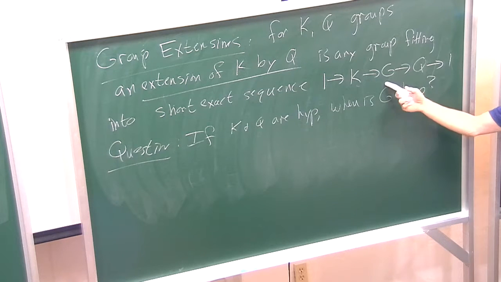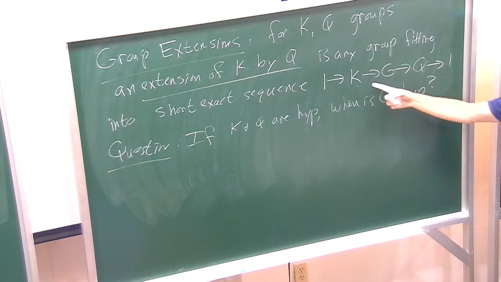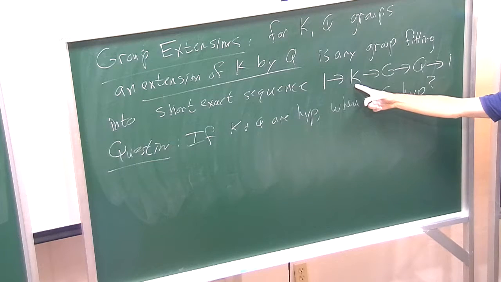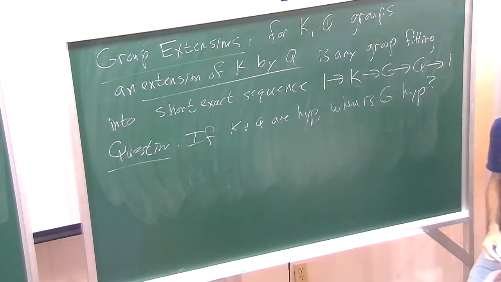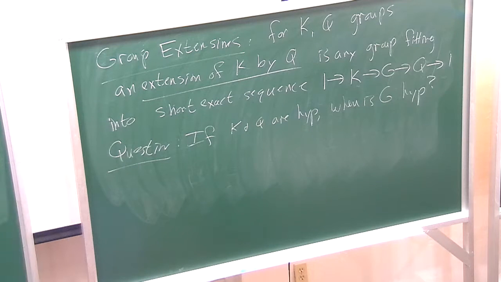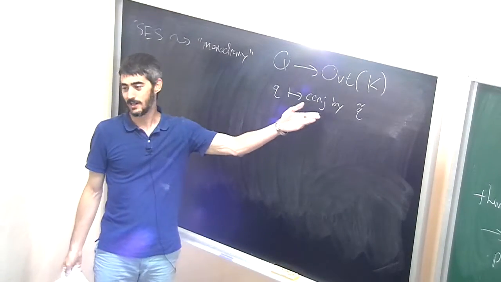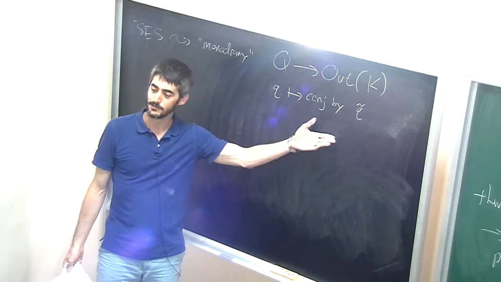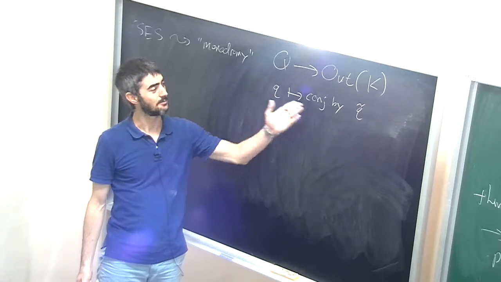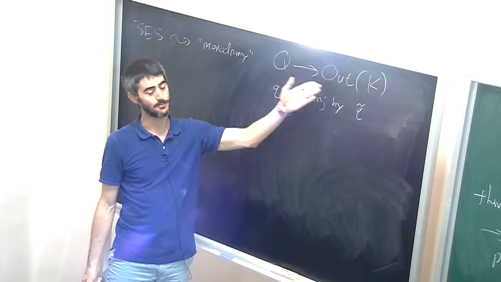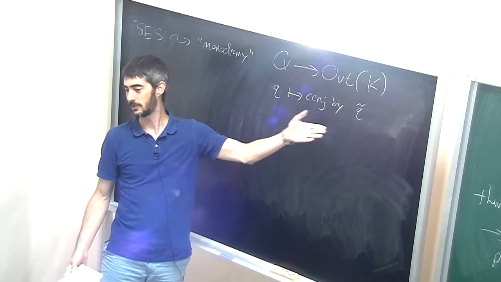There are many lifts. But if I choose different lifts, they differ by conjugation by something in the kernel, which is an inner automorphism. So if I conjugate by a lift, I'm not getting a well-defined automorphism, I'm getting a well-defined outer automorphism. So that's a way to take something here and build an outer automorphism that's well-defined, and that turns out to be a group homomorphism. That's called the monodromy.